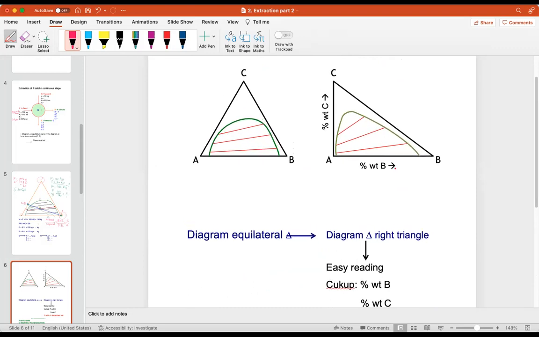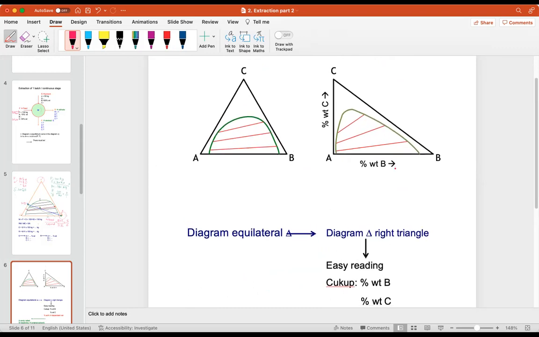It is easier to read, and you just need to read the percentage of B and the percentage of C, and then you can find the percentage of A by subtracting them from 100%. So the next part we're going to use the right angle triangle.